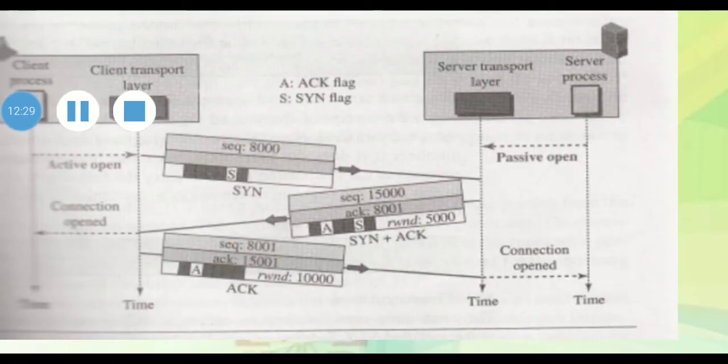Okay, first we'll see about connection establishment. TCP transmits data in full duplex mode. When two TCPs in two machines are connected, they are able to send segments to each other simultaneously.